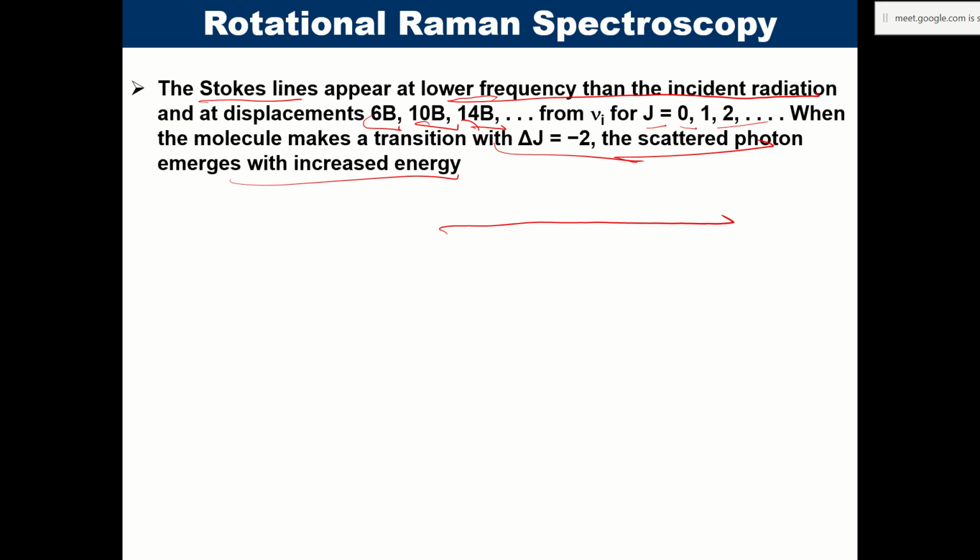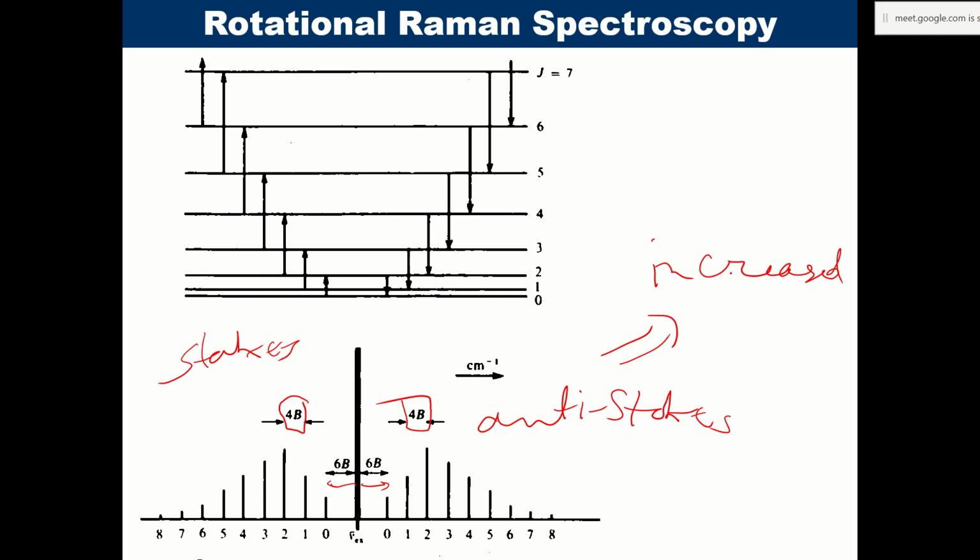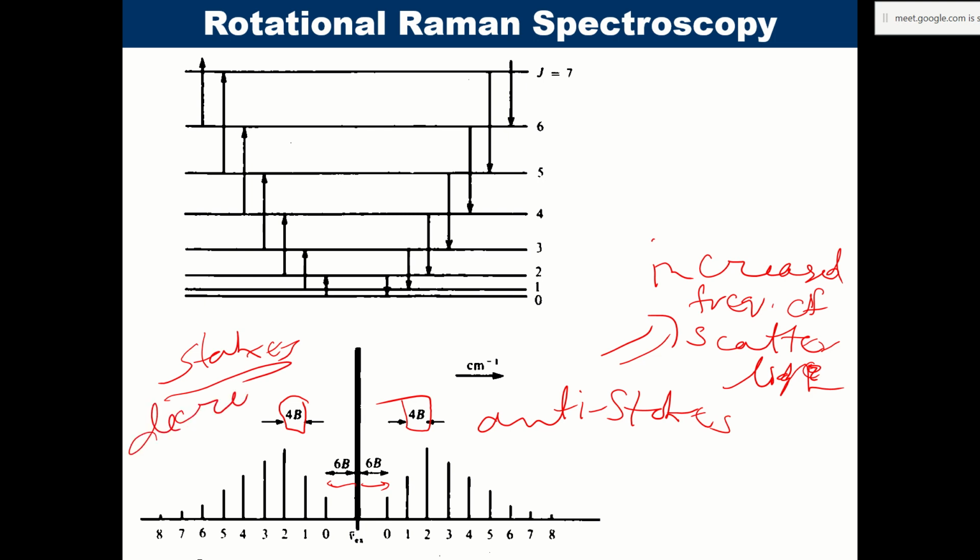So what we are seeing here with the photons: this is the Stokes line, and anti-Stokes on this side, with increased frequency of scattered light, and on the other side it is the decreased frequency for the scattered light.